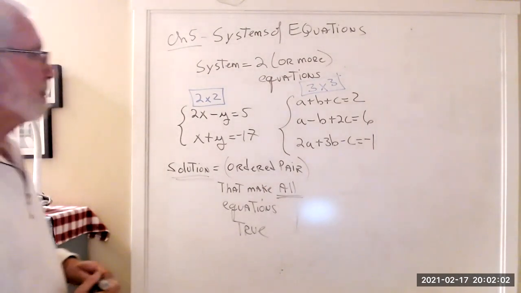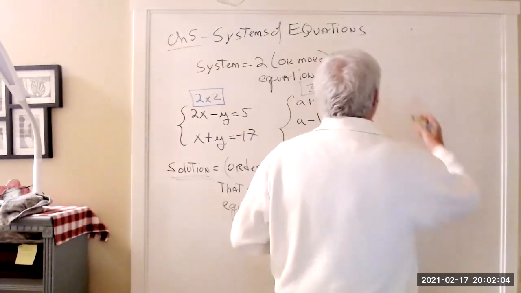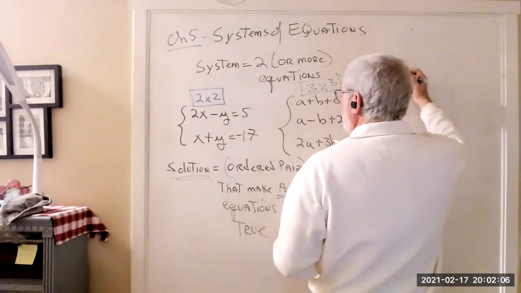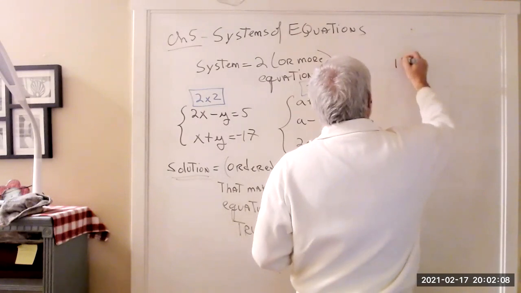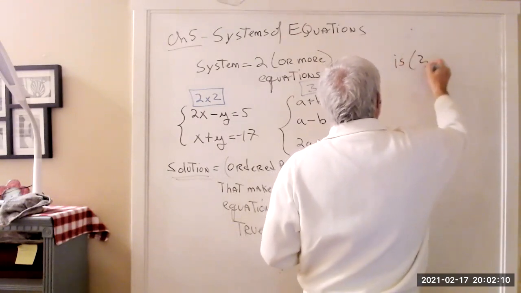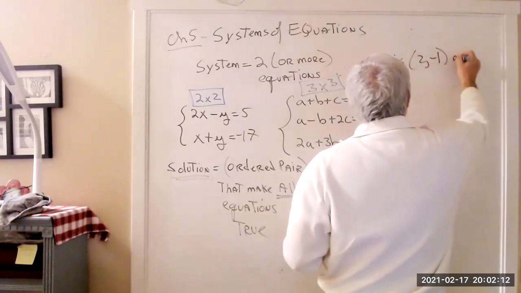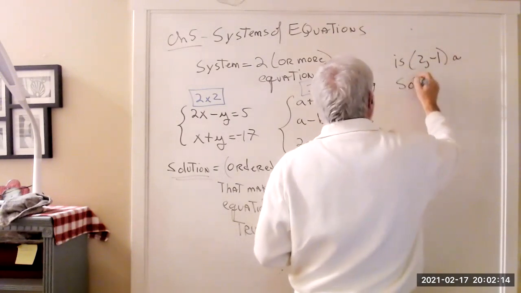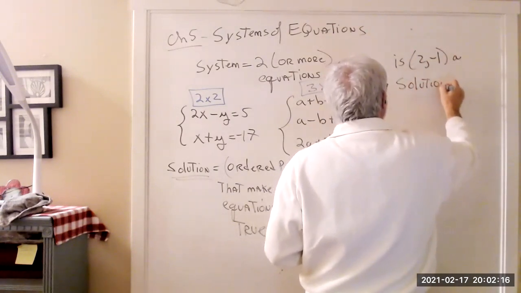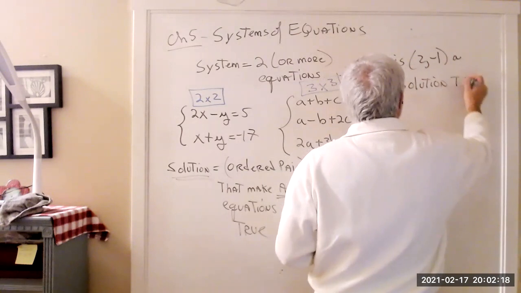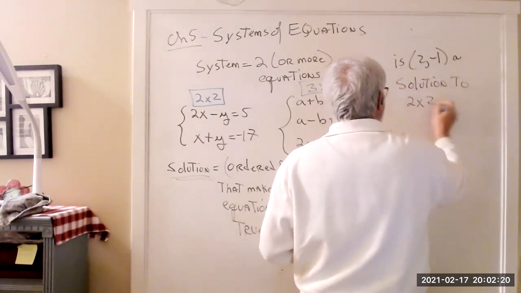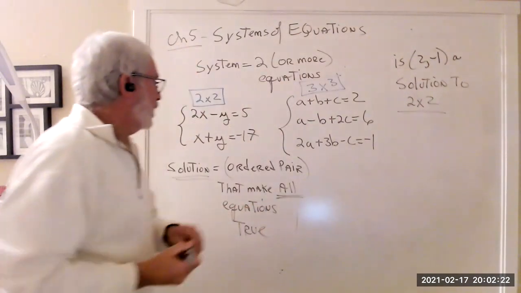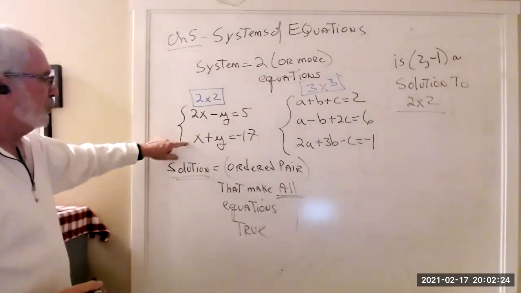So, first one: is 2 comma negative 1 a solution to the 2 by 2 system? So looking over here, here's the 2 by 2 system.